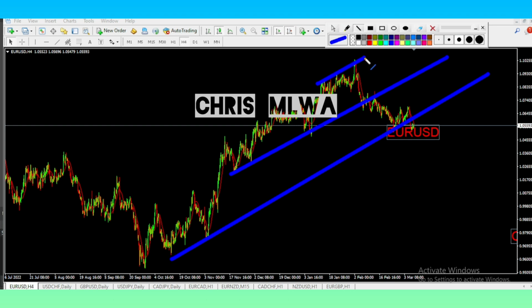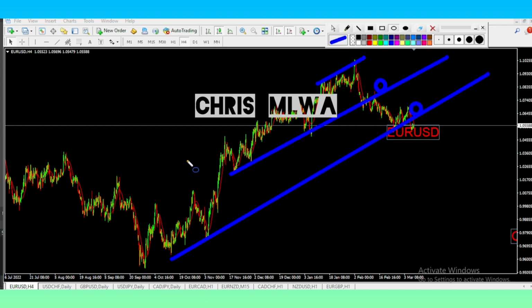There is this. Now, we can take one trade either when the market gets above this level, or when the market gets above this level.